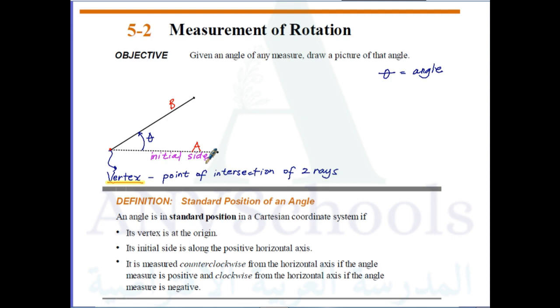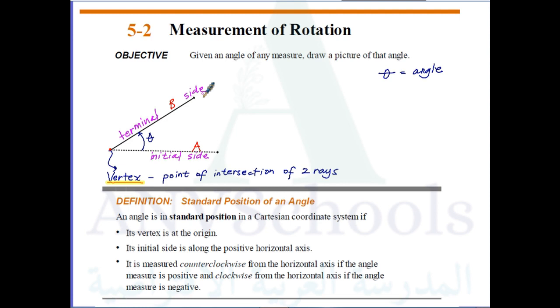Take note, our angle forms an arrow at the head, and it came from here and going there, meaning its heading is through here. It won't be coming here because the arrow is going there. So this is the initial side, and this is where the angle terminates. It's what we call the terminal side, or the side B.